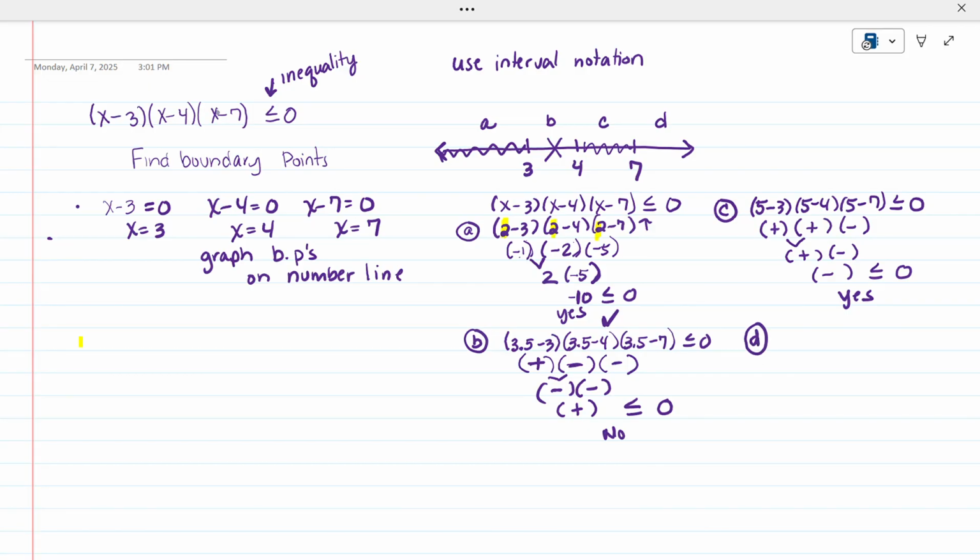All right, last one. Think of any number greater than 7. I'm just going to use 8. So 8 minus 3, 8 minus 4, 8 minus 7. So 8 minus 3 is going to be a positive. 8 minus 4 is a positive. 8 minus 7 is a negative.